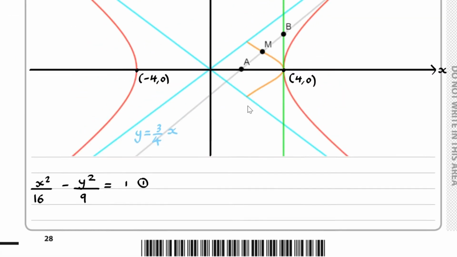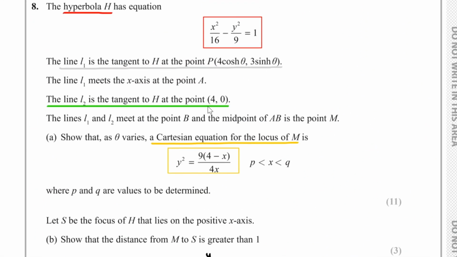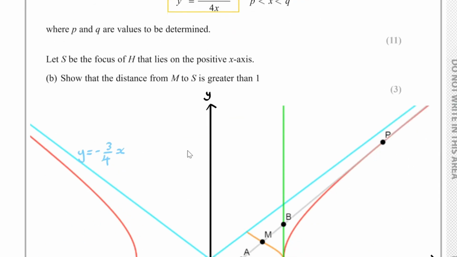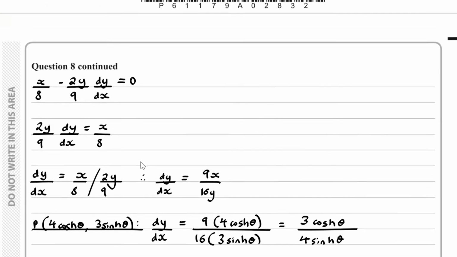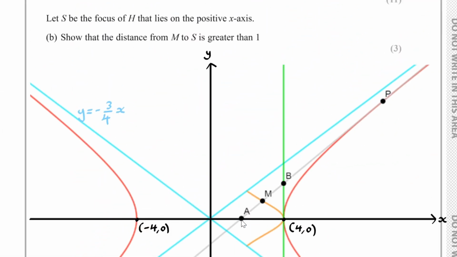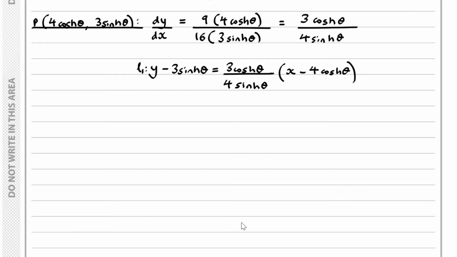Now, if you go back to the question, we know that L1, so this over here, is the line L1. This meets the x-axis at the point A, and that obviously is when y is equal to 0.